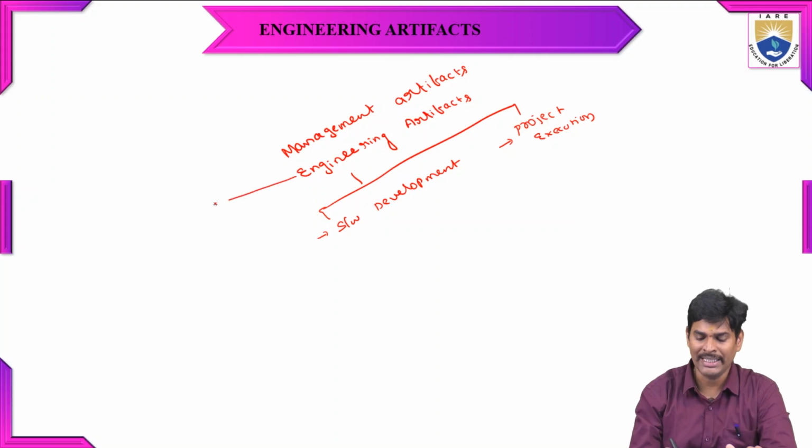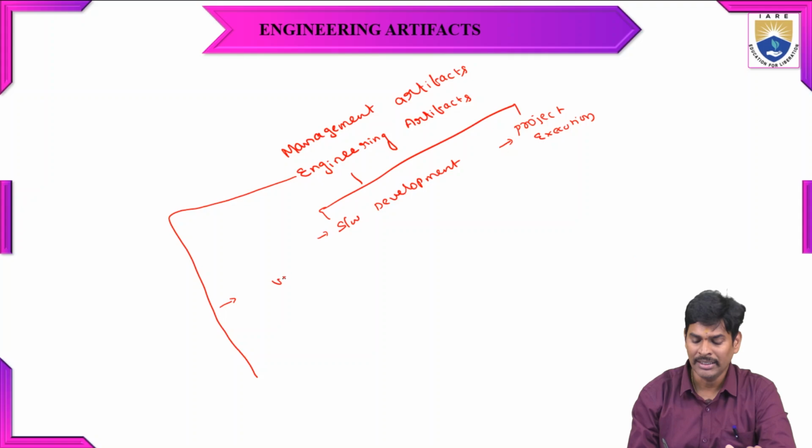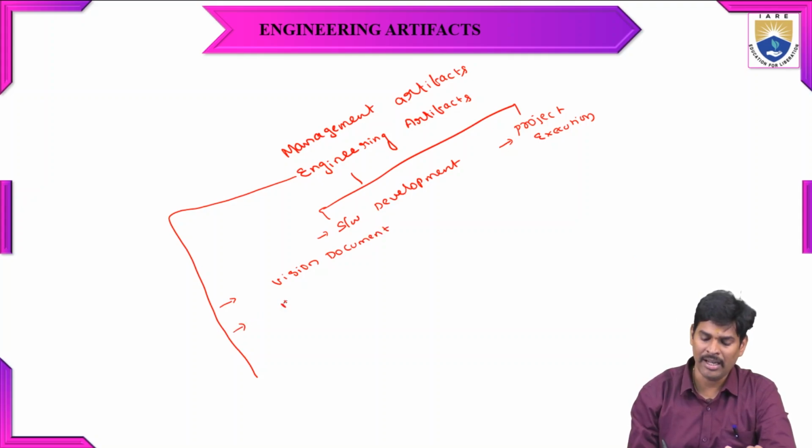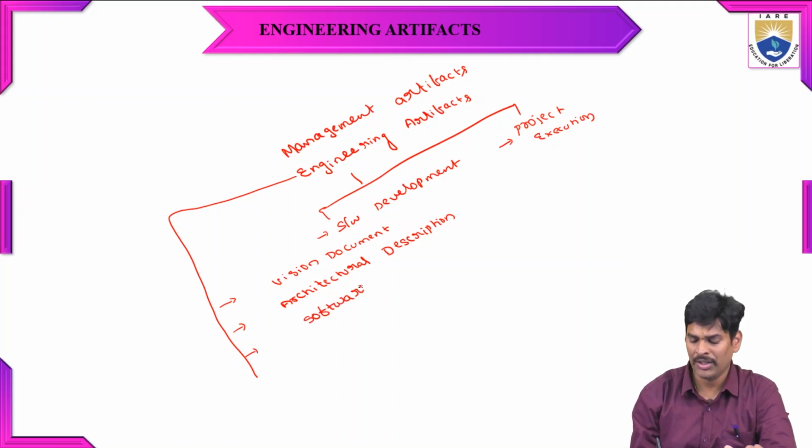The engineering artifacts mainly consist of the vision document, which we are going to discuss today, the architectural description, and the software user manual.